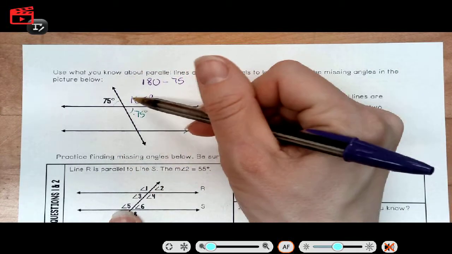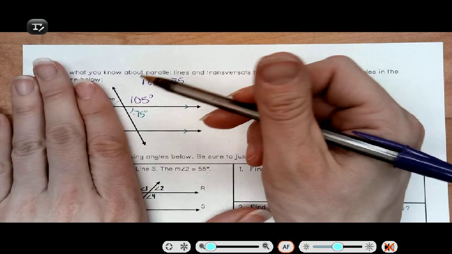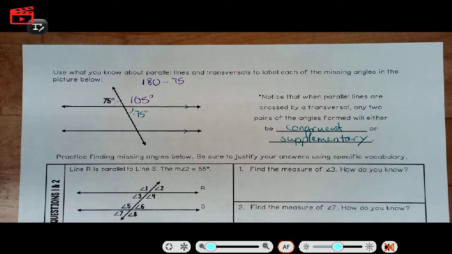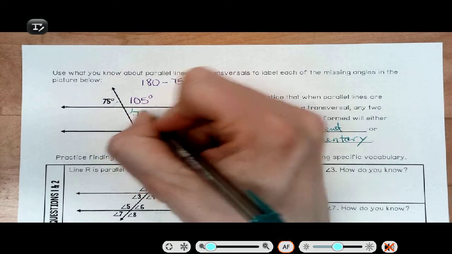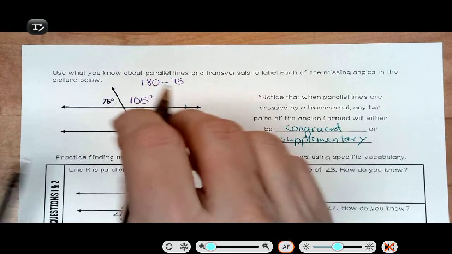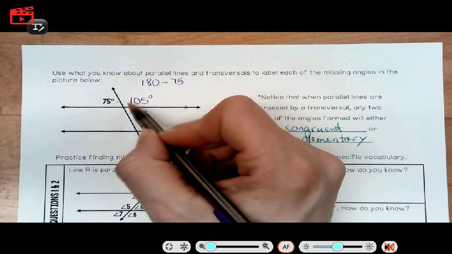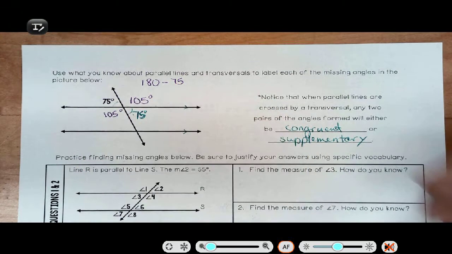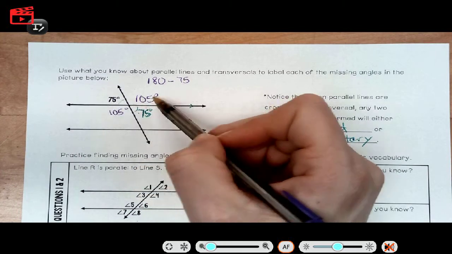These 2 are supplementary, add to 180 because it's a straight line. So are these 2. Okay? I know that little extra mark is there. I'm sorry, this is just 75 degrees. Now, look at 2 intersecting lines, the ones opposite each other, vertical. So just by knowing one angle, I could find these other 3.